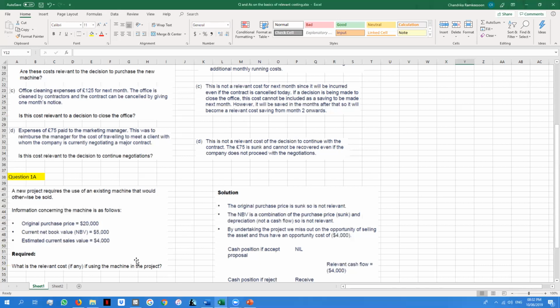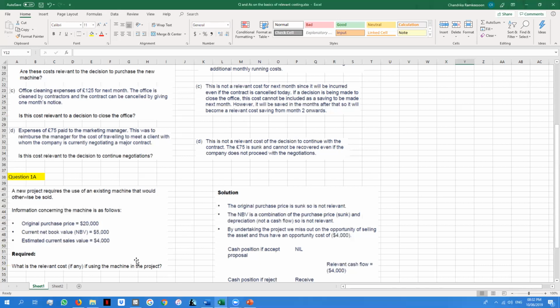For a cost to be relevant, it must have the three qualities. Even if one of the qualities is missing, it will be non-relevant, because the three qualities must be present for a cost to be relevant.